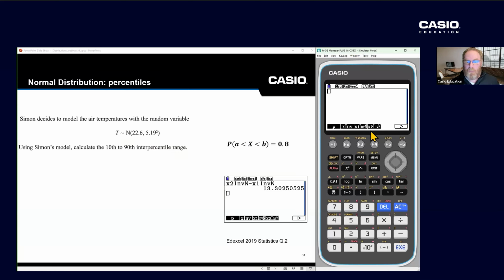Okay, x2 will be the larger value. To get the range, we need to subtract the smaller value. And you get the range 13.3. Okay, so quite nicely, when doing normal, for example, it's quite easy to extract the x values and use those. Okay, so hopefully that has been useful.